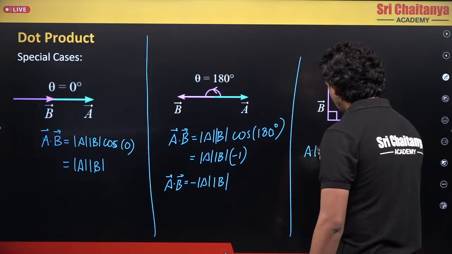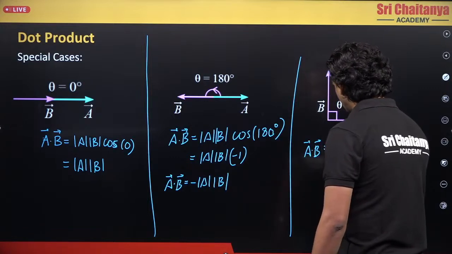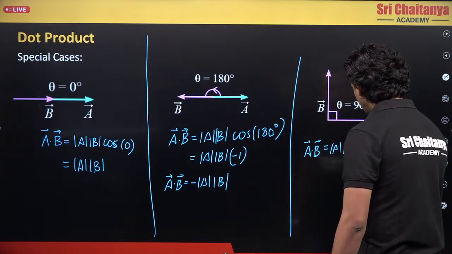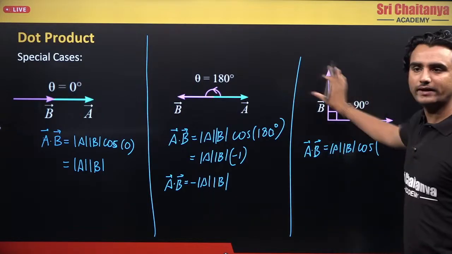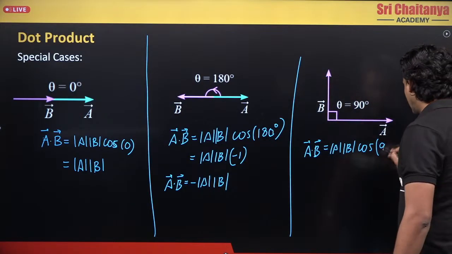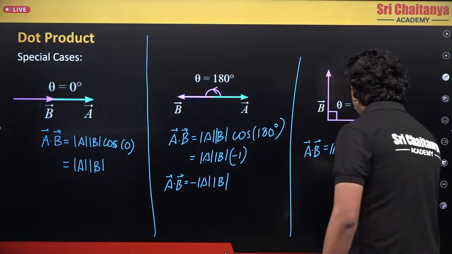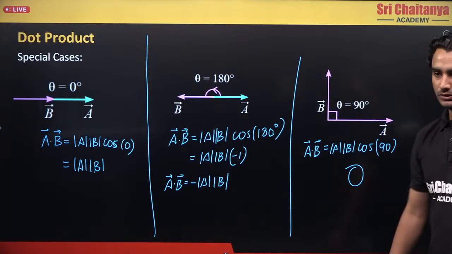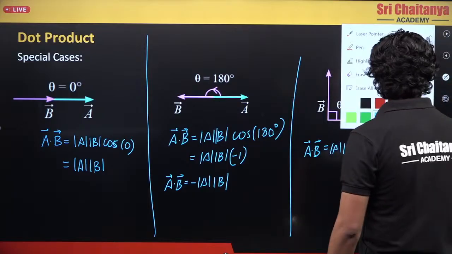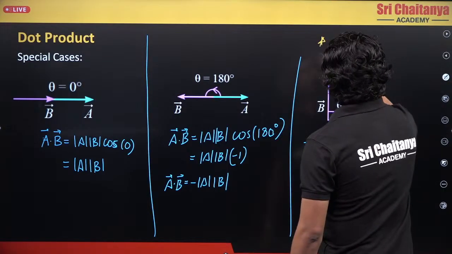Next, finally, A dot B is equal to mod A mod B into cos of the angle. So the angle between the two vectors A and B is equal to 90 degrees. What is cos 90? Cos 90 is equal to 0, right? So A dot B is equal to 0. This is a very important case. And what can I write?